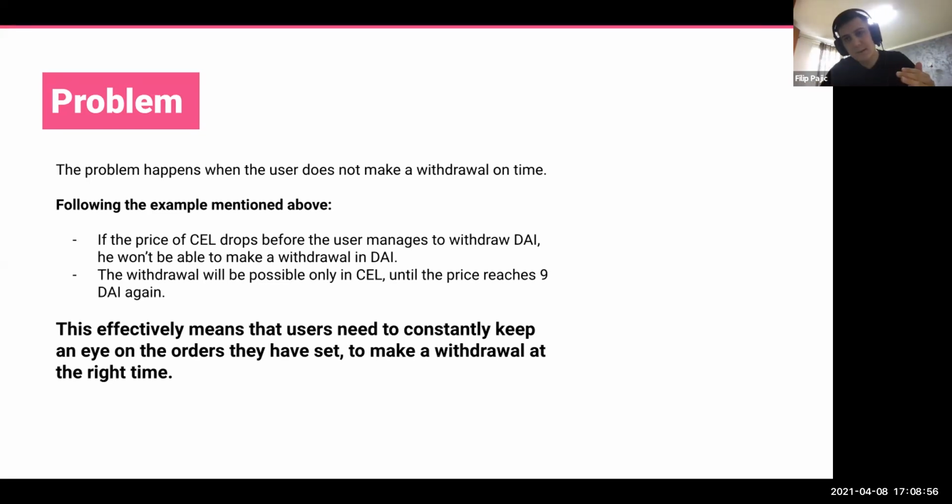That means that to be a successful trader here, the user needs to constantly keep an eye on the market, set orders, and be sure that they get mined in time. Next slide, please.